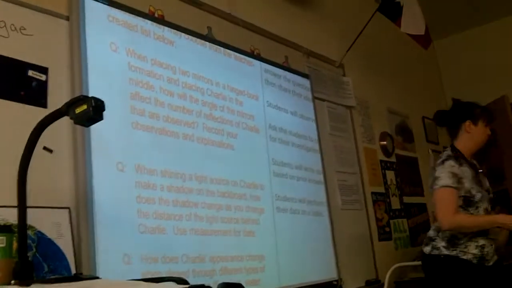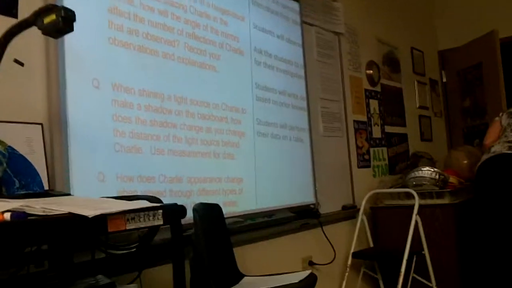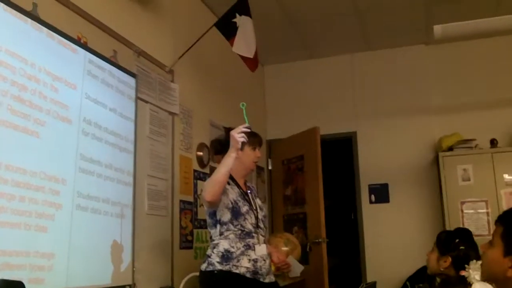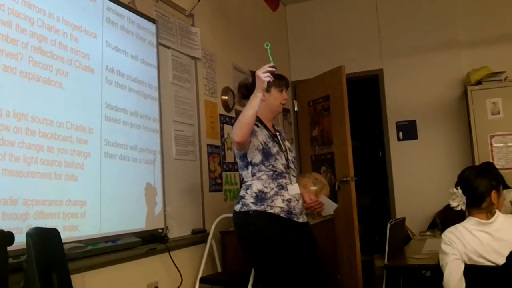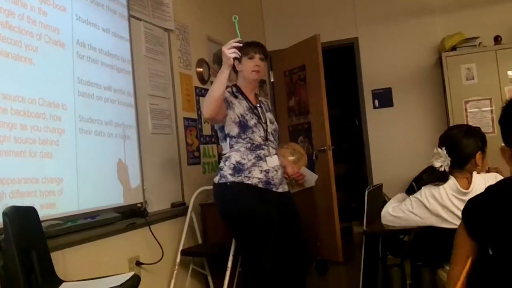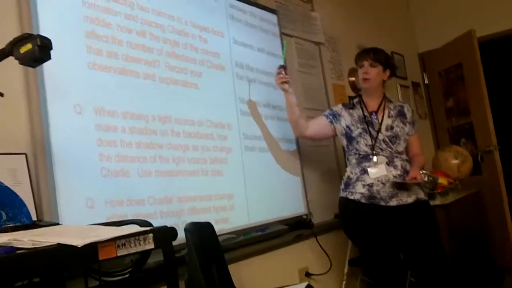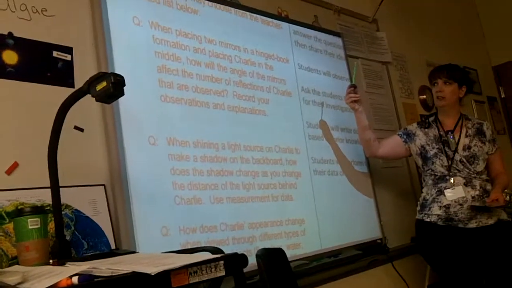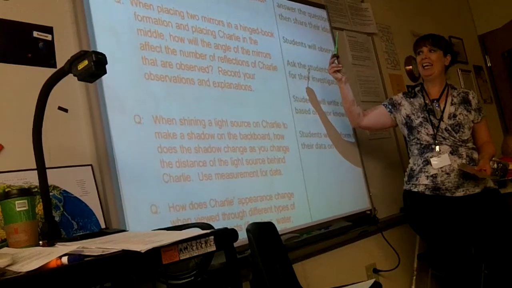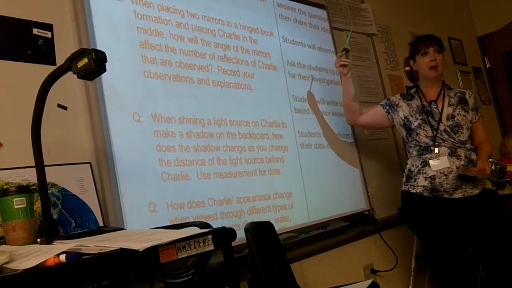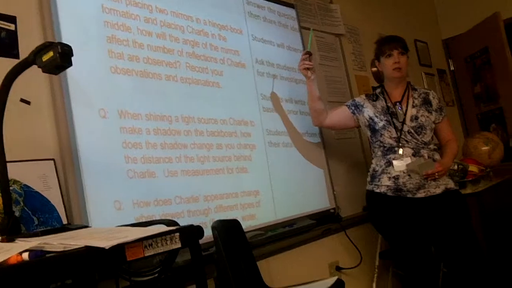All right. When placing 2, I'm sorry, by the way, I didn't even introduce you to Charlie. Okay? This is Charlie. You'll notice at every table that you have 2 Charlies, 1 for each team at your table, okay? So, when placing 2 mirrors in a hinged book formation and placing Charlie in the middle, how will the angle of the mirrors affect the number of reflections that you see of Charlie?